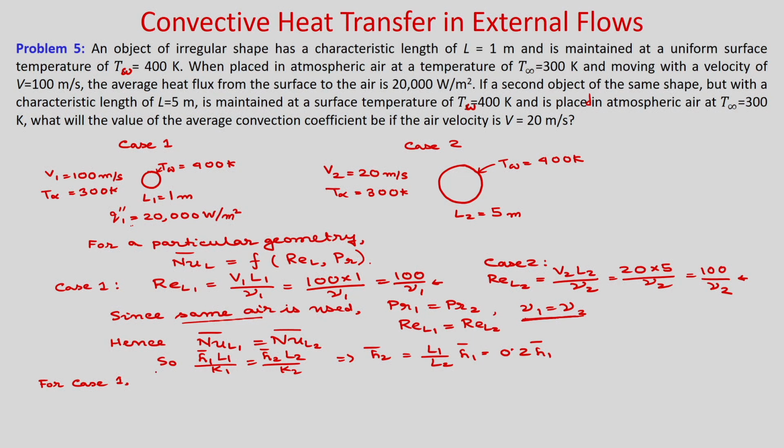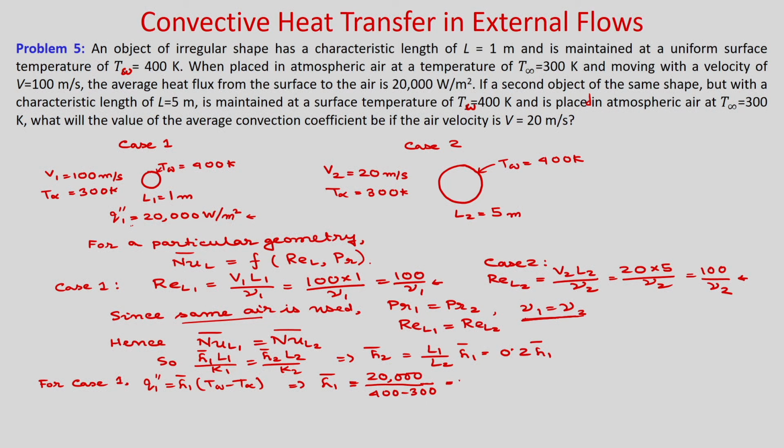For case 1 the heat flux Q1 double prime is given. So, you can write Q1 double prime as H1 bar into Tw minus T infinity. So, H1 bar is equal to Q1 double prime by Tw minus T infinity, that is 20,000 divided by 400 minus 300.